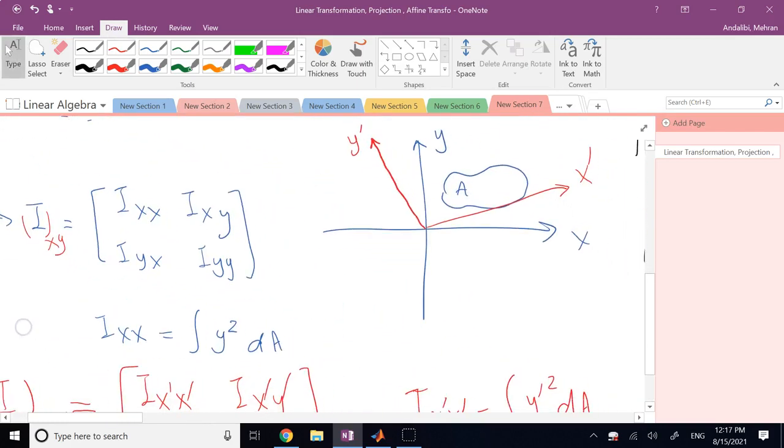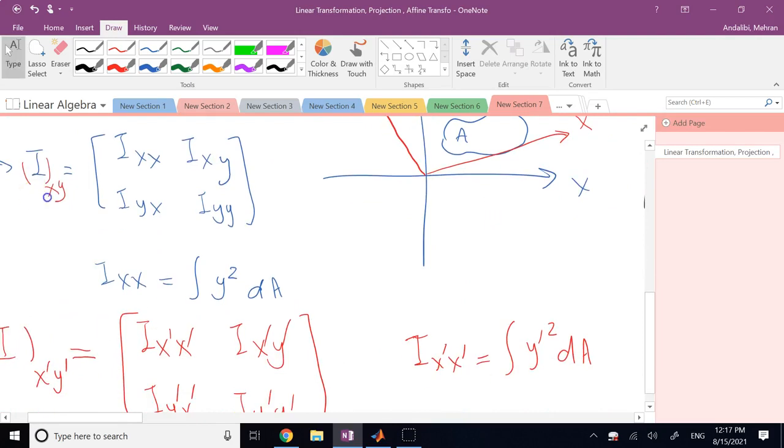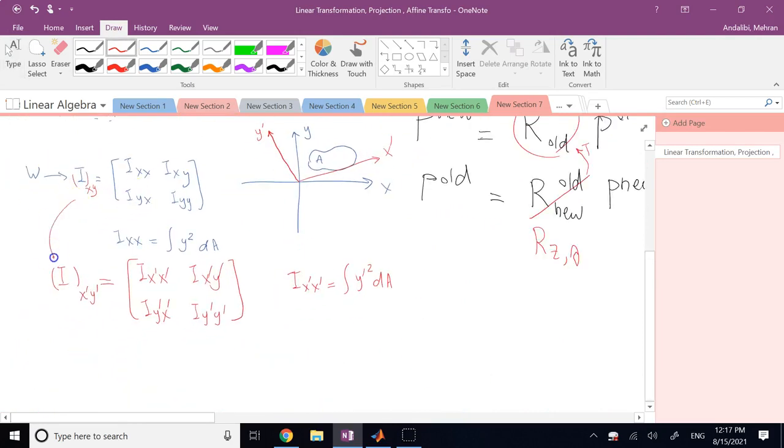So if you want to go from one of these to the other one, the question is, how would you do that? And the answer is by changing the base, by multiplying by the rotation matrix.